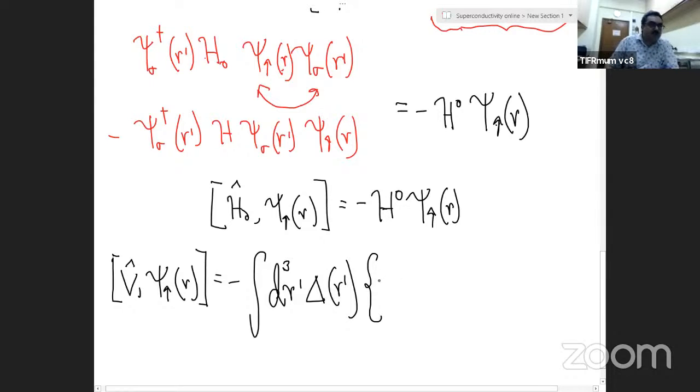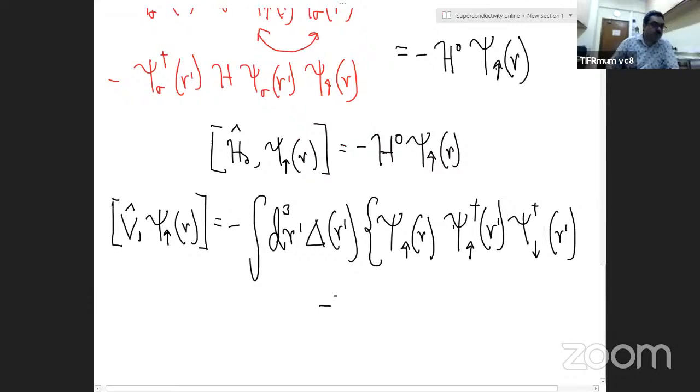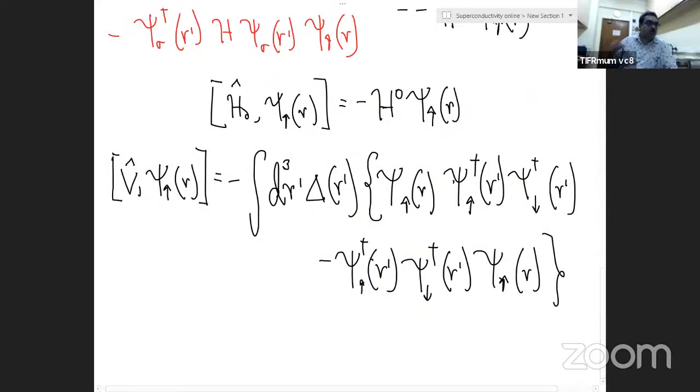This is not a bad assumption unless you have magnetic scatterers, so it's okay. All right, minus. Good.